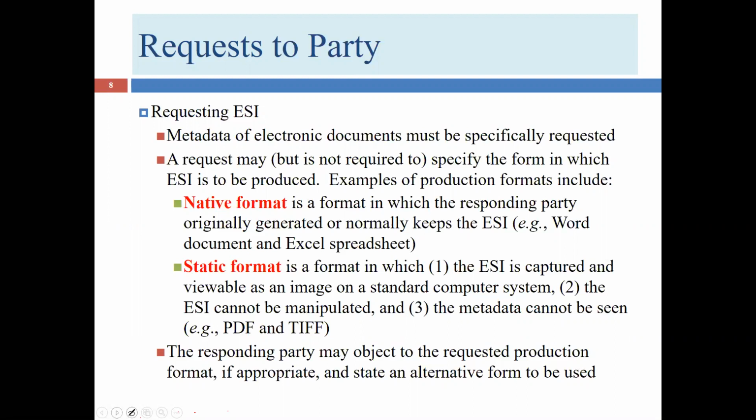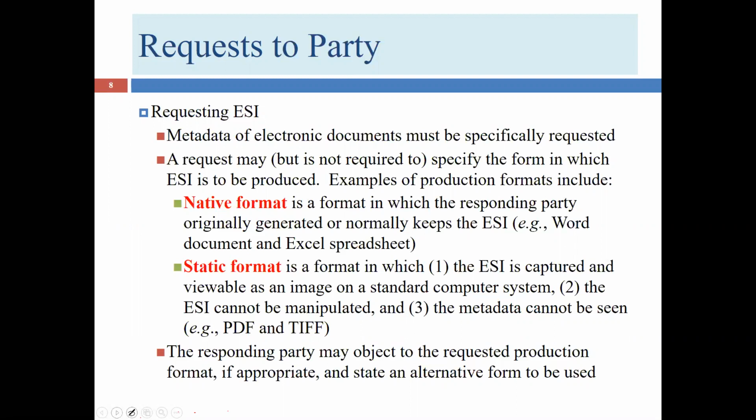A static format is different. It's typically a TIFF or a PDF format. The metadata has been lost at this point. It may be easier, though, for you to manipulate, use, and access, so there can be advantages to both formats. If you are the person producing it, you're probably going to prefer the static format because you're giving up less information.